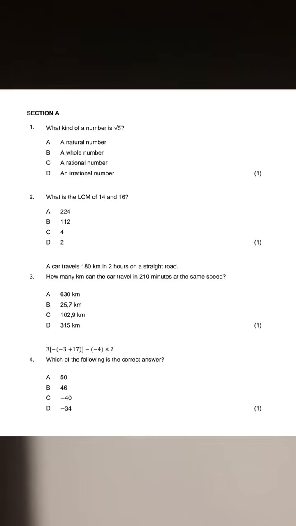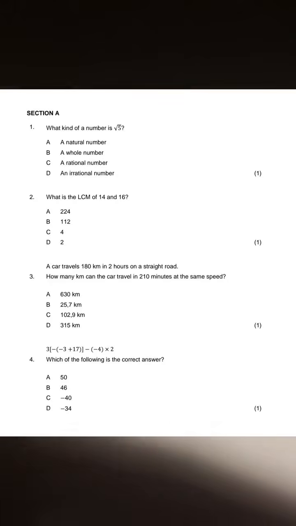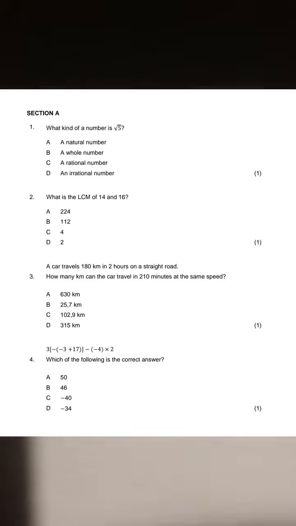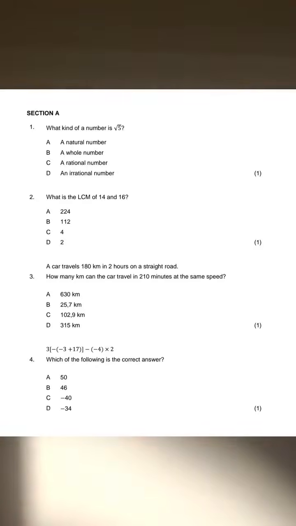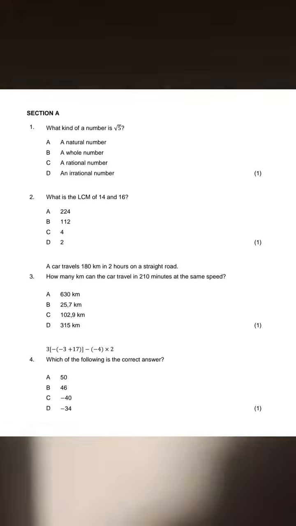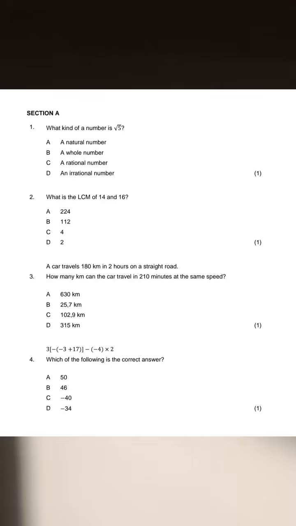Question 1. What kind of a number is the square root of 5? That is a question that can be asked to a grade 9 learner, not so much to a grade 8 learner, because grade 8s only learn about numbers insofar as natural numbers, whole numbers, and integers.